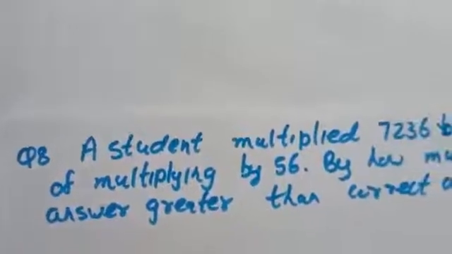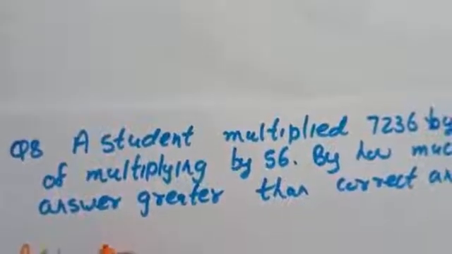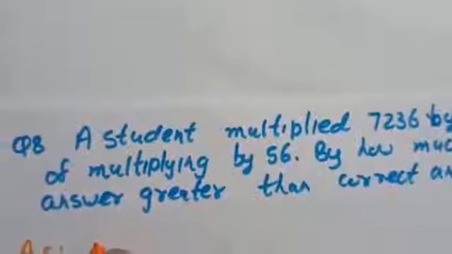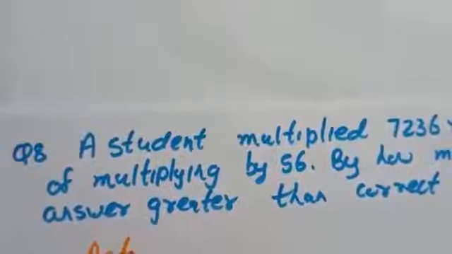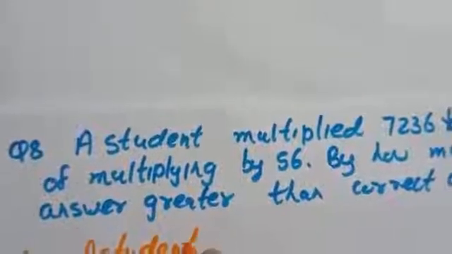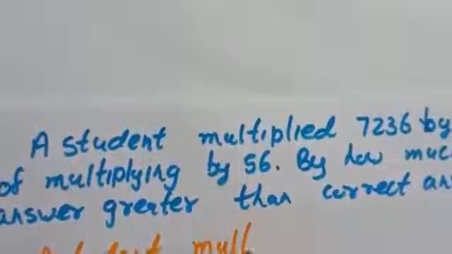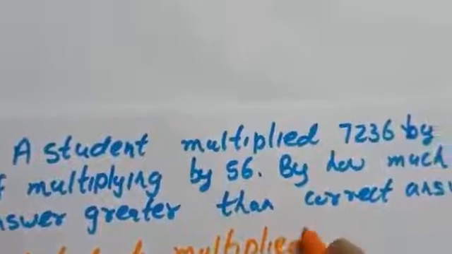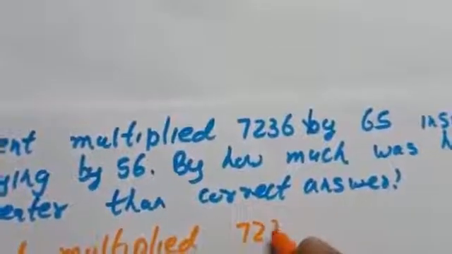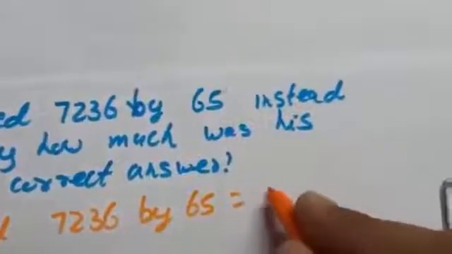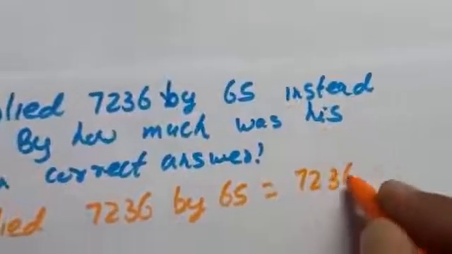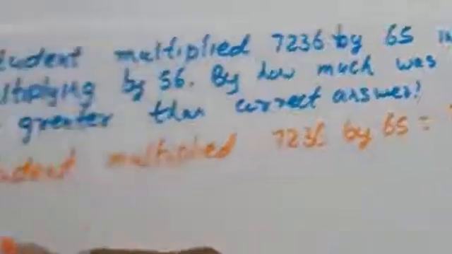So the student multiplied 7236 by 65, means 7236 multiplied by 65.